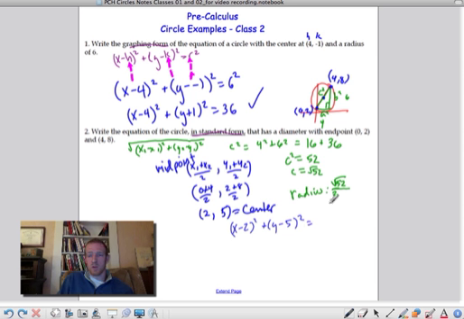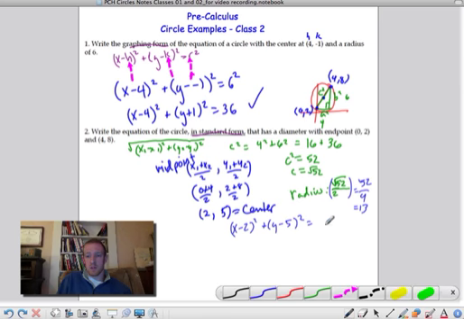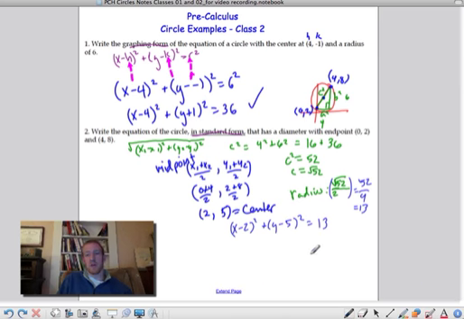So we're going to square this, and that gives us 52 over 4. Square root of 52 squared is 52, 2 squared is 4. That equals 13. So we're going to write that as a 13. Isn't that lovely how that works out?